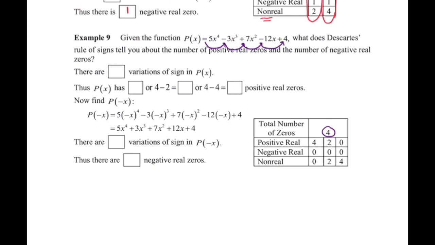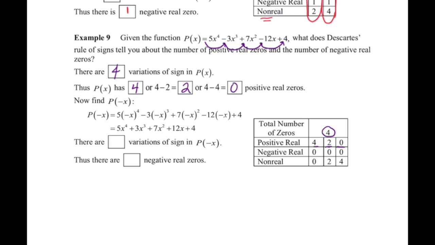So my variations are 4. So I could have 4. If I subtract a multiple of 2, I also could have 2. Or when I subtract 2 more, I could have 0. So I could have 4 positives, 2 positives, or essentially 0 positives.